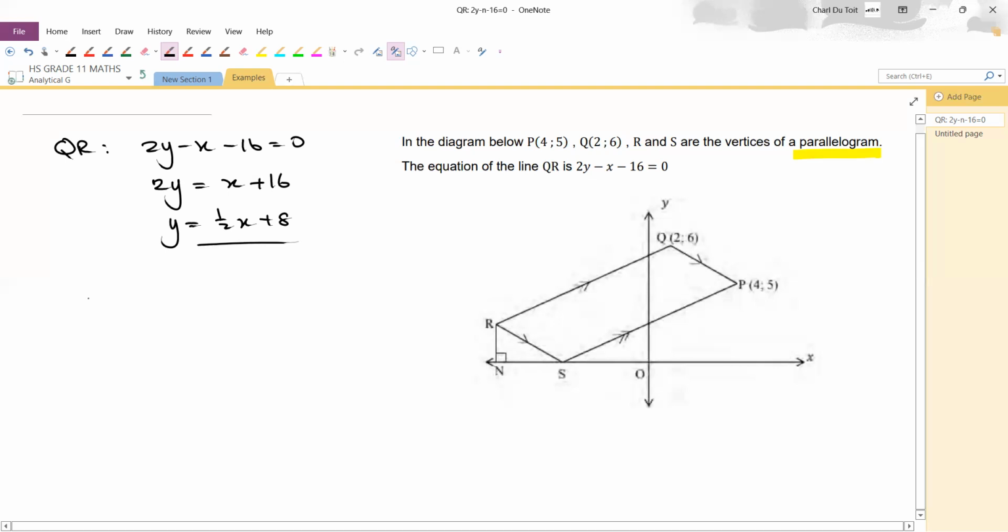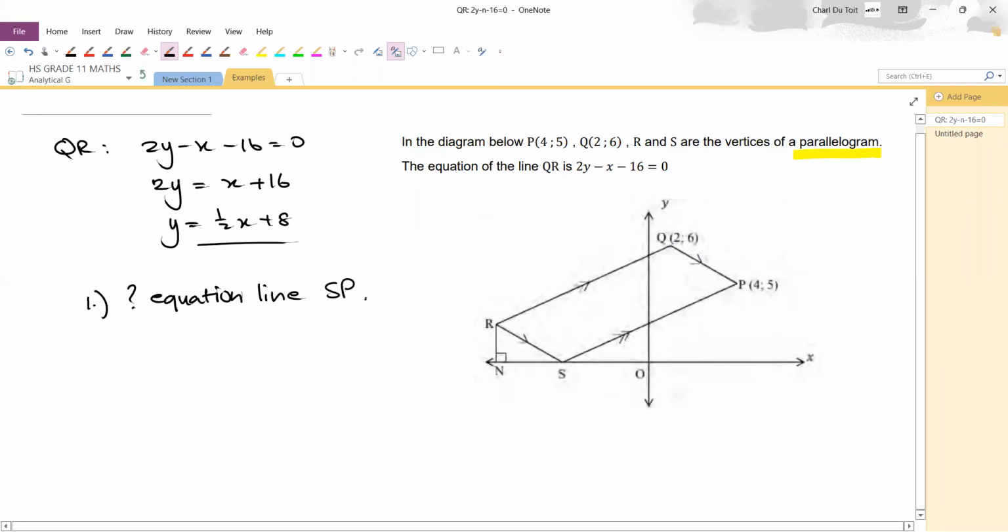So question 1. I want to know what is the coordinates. No, let's start with something easier. I just want to know what is the equation of the line SP. Quickly do that.